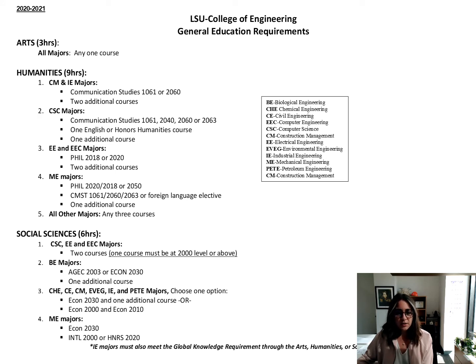Mechanical engineering is one of the least flexible. You will have to take a philosophy course, a communication studies course, or foreign language, and then you get to have some flexibility with one of your humanities. And the same goes for the social sciences. So just look through this and see which one your major is, and that way you know which gen ed to schedule. This will also be outlined on your flowchart.